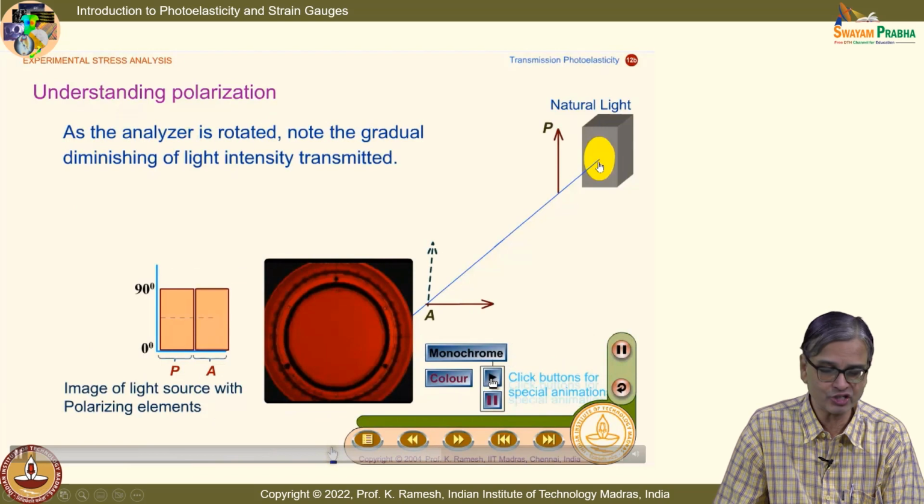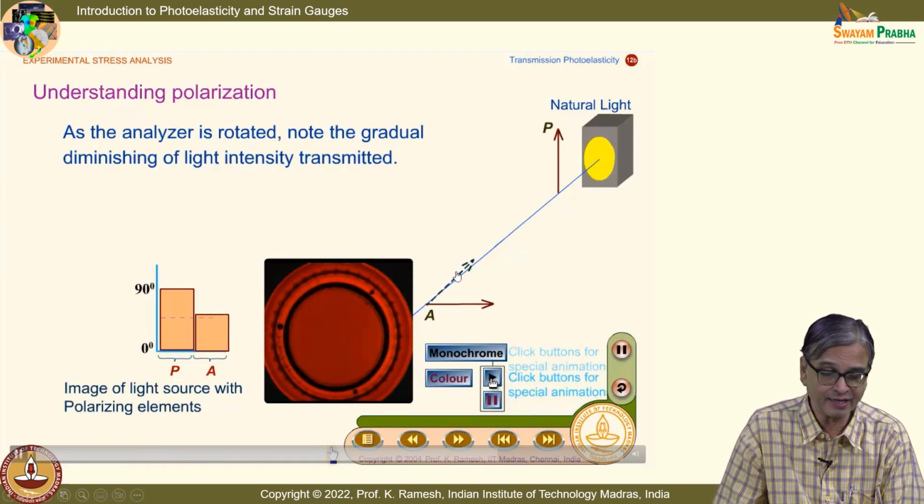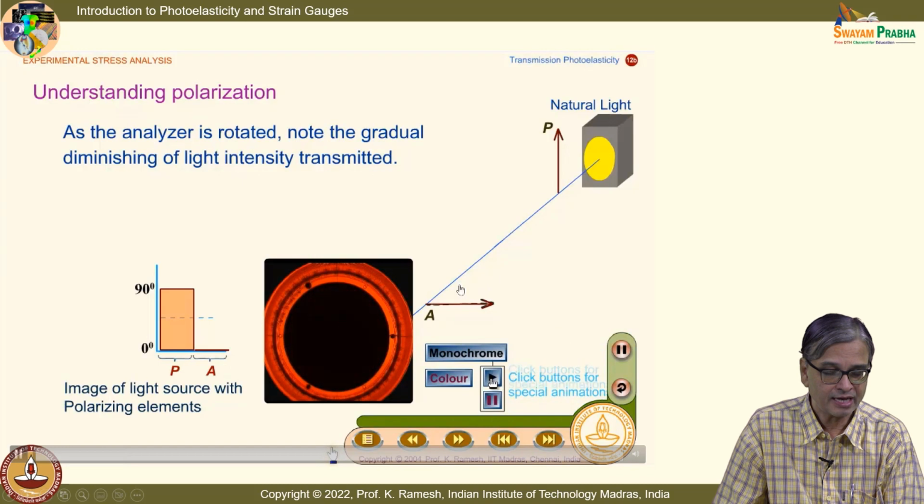This light source is very strong and this is experimentally recorded. So, when it comes horizontal, that is perpendicular to this, it is plane polarized, and you see total extinction of light. And this is a representation.